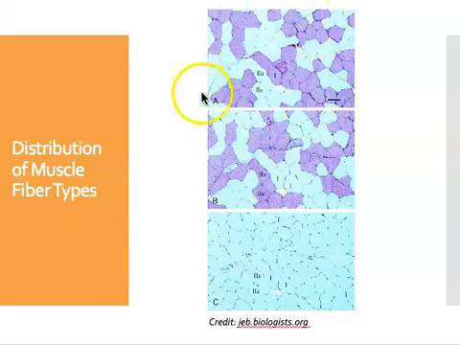Now, just by eyeballing, it looks like approximately half of these fibers fall into the type 1 category. So about 50% of these fibers are type 1, slow oxidative. Now, if you look at the image in the middle, this is another slide that was prepared, and this time type 2 fibers were stained.